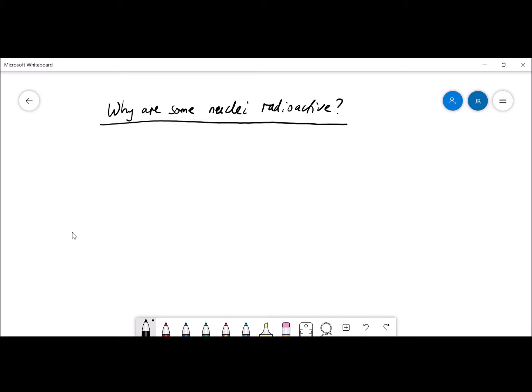Well, probably the best place to start would be to look at the belt of stability.